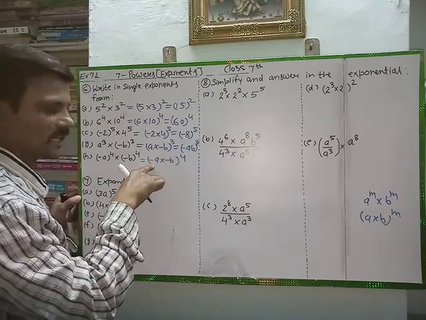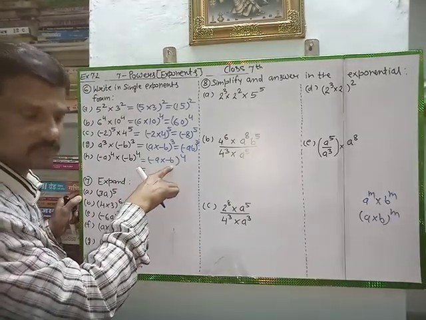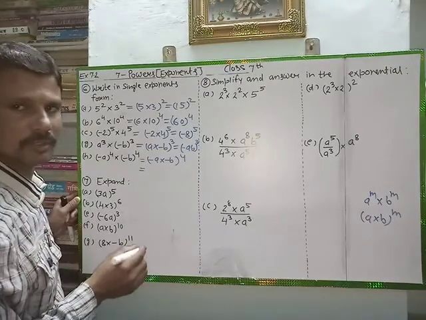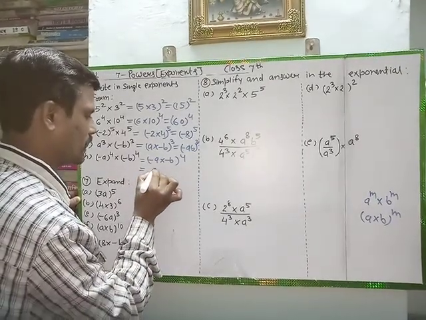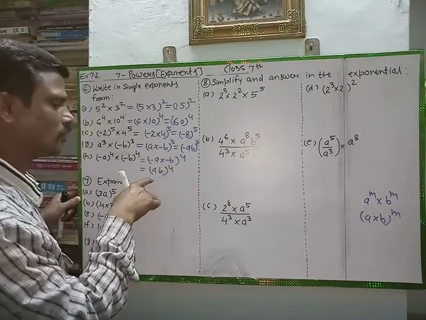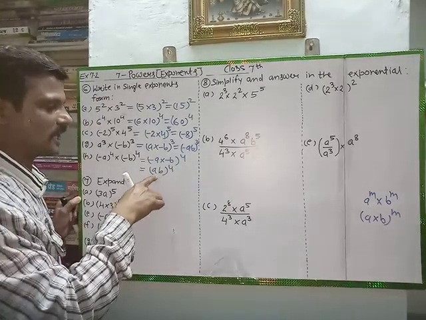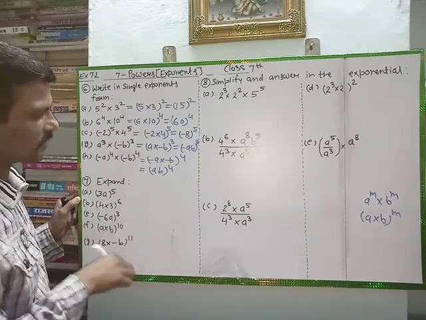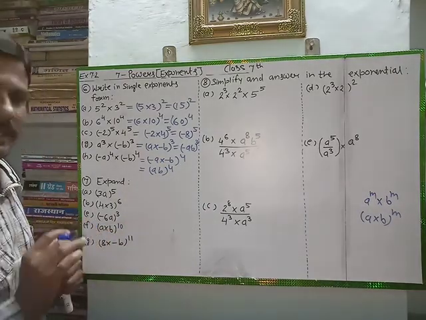Minus multiplied with minus becomes positive, and positive we need not show, so ab to the whole power 4, and you need not show the multiplication sign between a and b also. Here also, there is no need to show the multiplication sign in between.